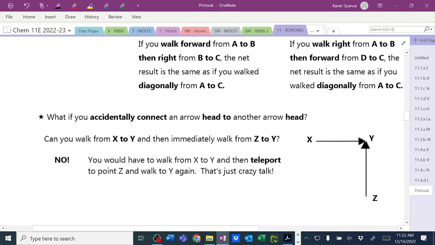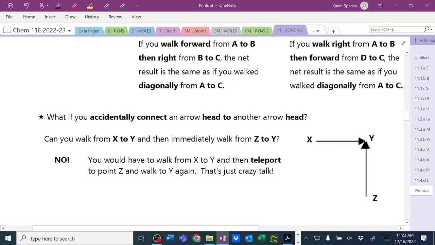What happens if you accidentally connect an arrowhead to another arrowhead? Well, let's talk about this little journey that you would walk on. If we start at X and walk to Y, then we would have to teleport to Z and then walk to Y, and that just doesn't make any sense, does it?